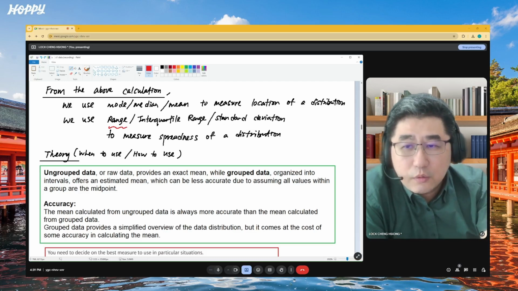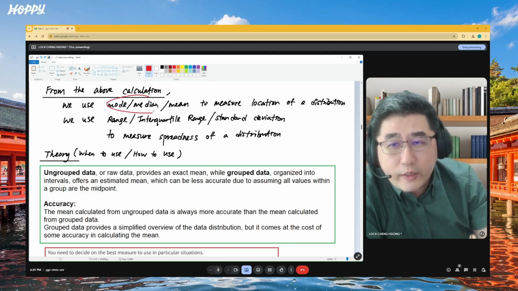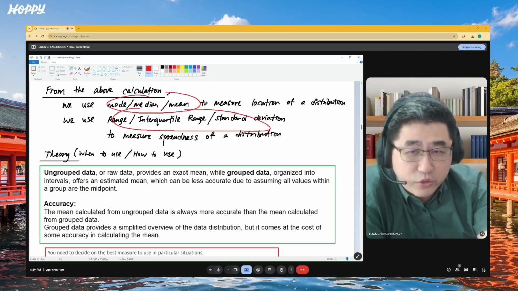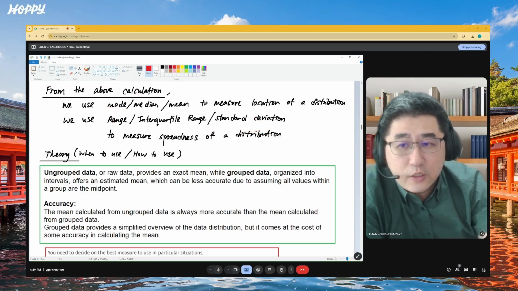Why do we need to learn so many different ways to calculate the same thing, which is the location and the spread?